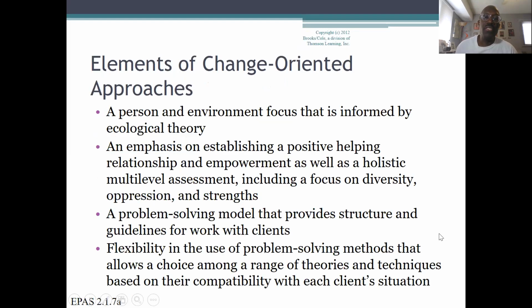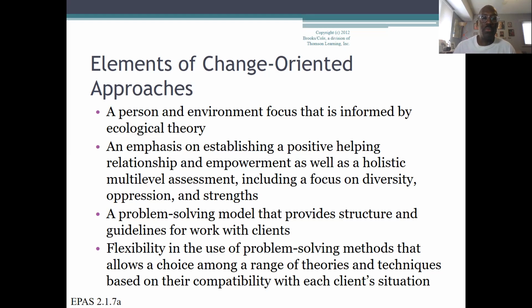So when we think about these change-oriented strategies, we need to think about the person and the environment that they are actually in. We need to have emphasis on positive helping. We need to be looking at problem-solving models that provide the structure and the guidelines for the work with clients. So that when we enter into these working relationships, everybody is real clear about how to do what by when.